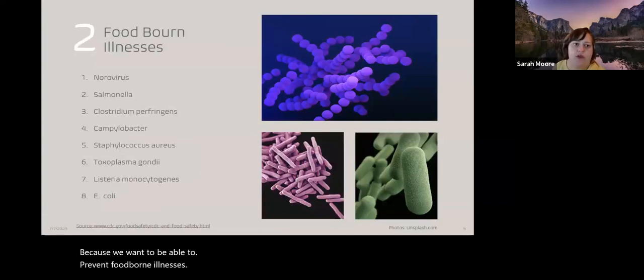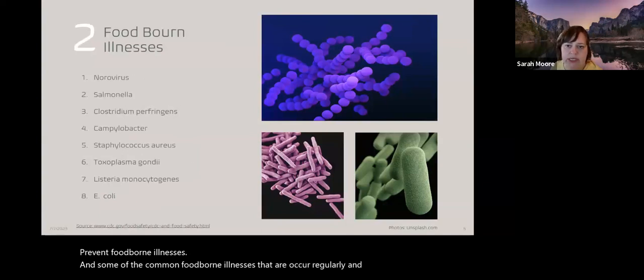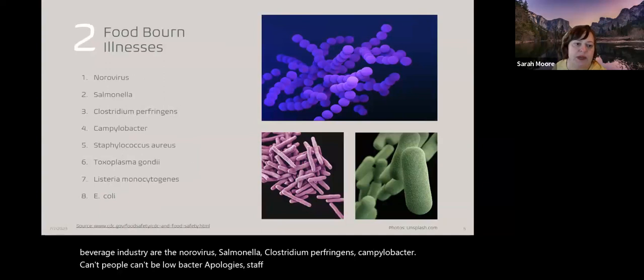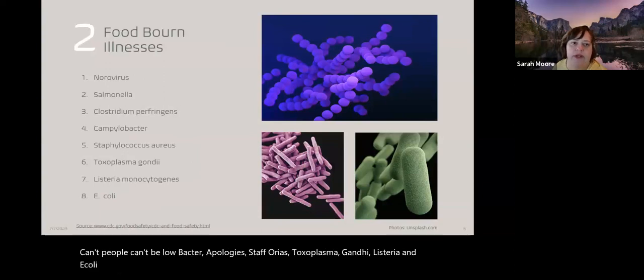And some of the common foodborne illnesses that occur regularly in the food and beverage industry are the norovirus, salmonella, Clostridium perfringens, Campylobacter, Staph aureus, Toxoplasma gondii, Listeria, and E. coli. These are all very serious. Some of us can snicker and laugh.